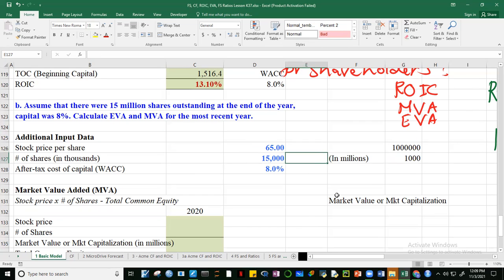Yung 15,000 in thousands, in order to convert that in millions, I will just have to divide this by 1,000. Why, guys? Because there is 1,000 thousands in 1 million. Diba? If we divide this, this divided by this, you get 1,000.